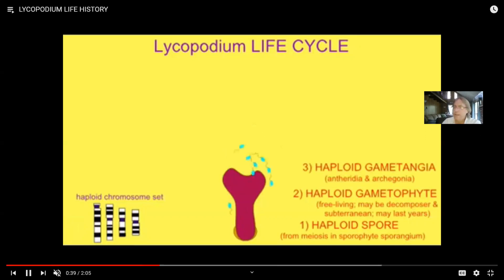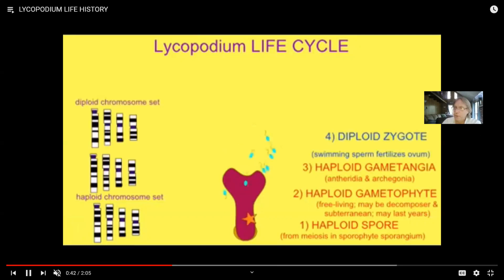The gametophyte can live a number of years, even more than a decade. And so even though when we think of lycopods like club mosses, we think of the green part of the life cycle, which is photosynthetic, there is a whole separate other phase of the life cycle, which lives years, but can be decomposing underground.